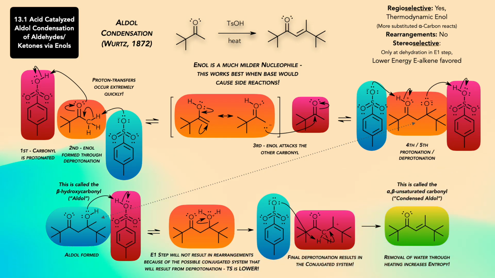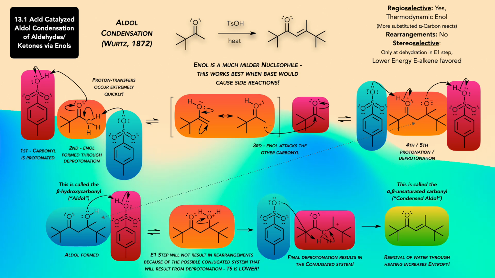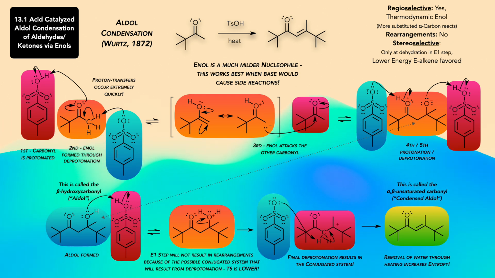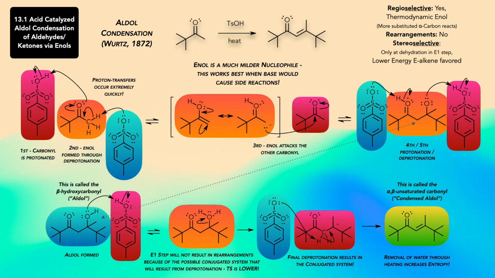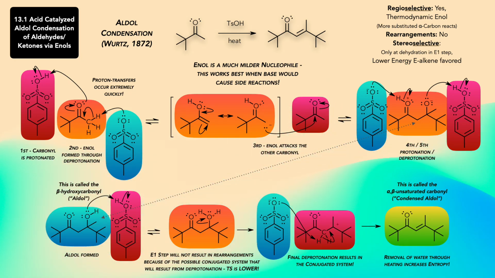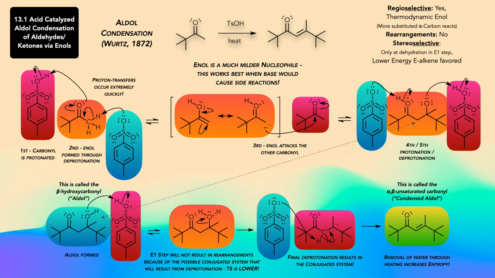The enol now attacks another carbonyl carbon, forming the new carbon-carbon bond. After proton transfers, we generate the beta-hydroxycarbonyl, commonly called the Aldol product. But the reaction does not stop there.